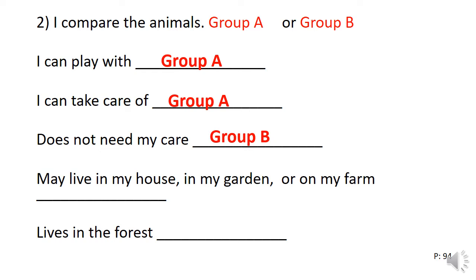Which group? Group A or group B? Sure, group A. Cat and dog can be in my garden or in my house, but I cannot keep the lion in my house. It will kill us.